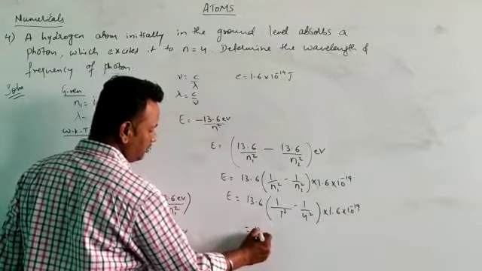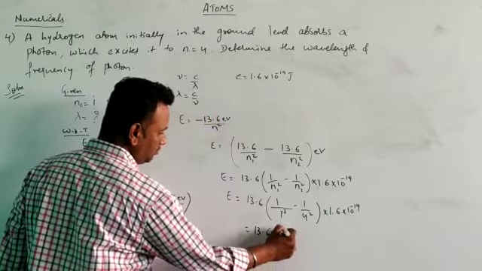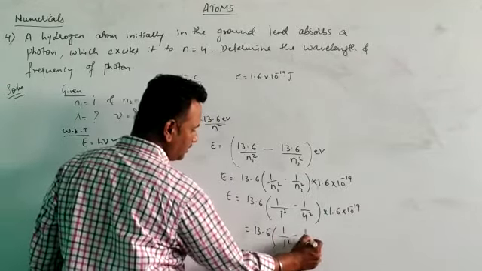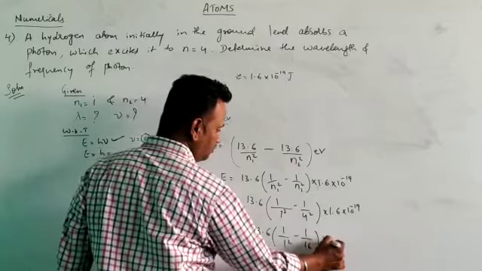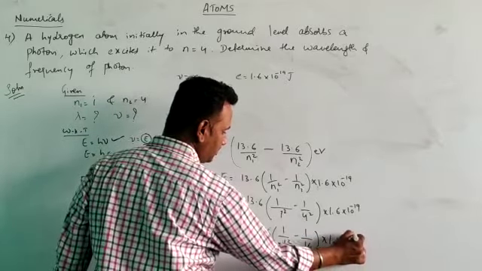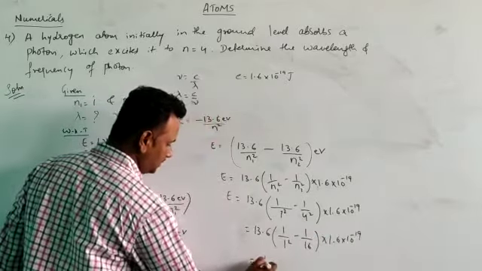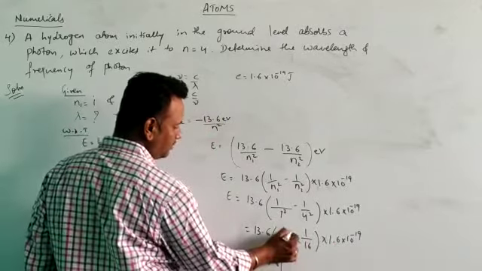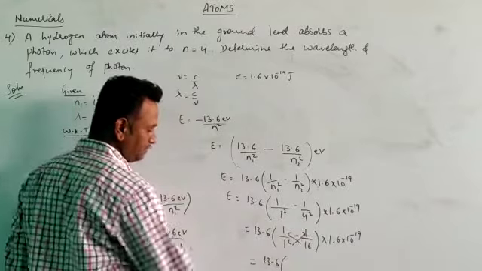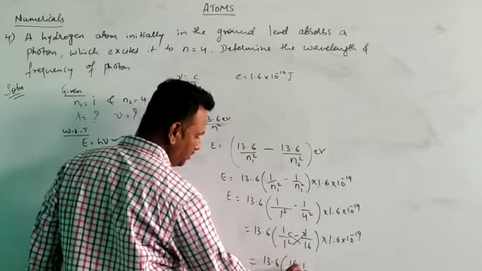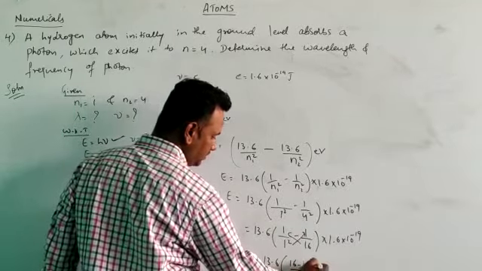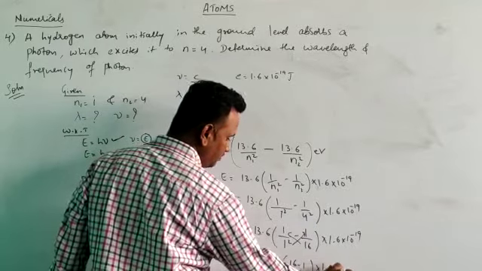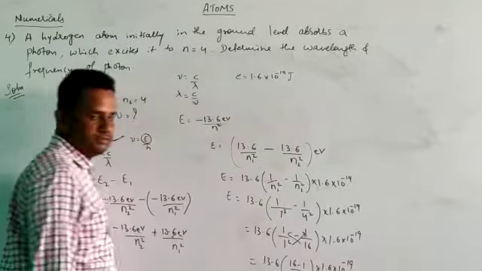So 13.6 into (1 by 1 square minus 1 by 16) into 1.6 into 10 to the power of minus 19. If I take the LCM, then it is (16 minus 1) divided by 16 into 1.6 into 10 to the power of minus 19.